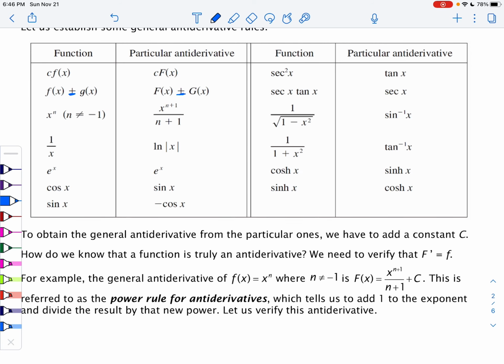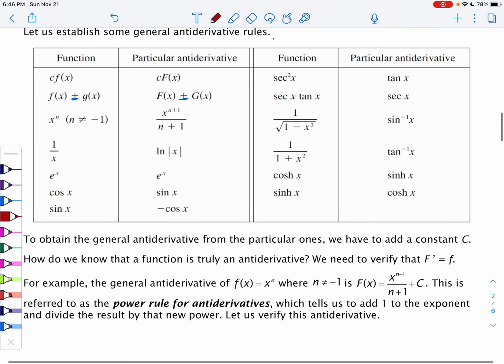And keeping in mind that the derivative of that antiderivative is going to be the function itself. So the derivative of big G of x is going to be little g of x.